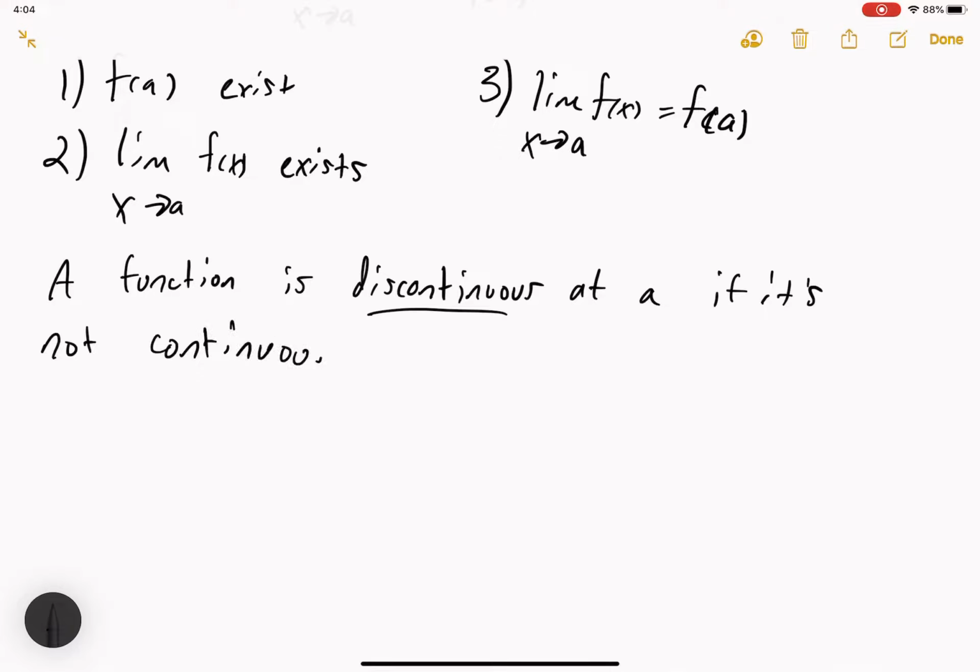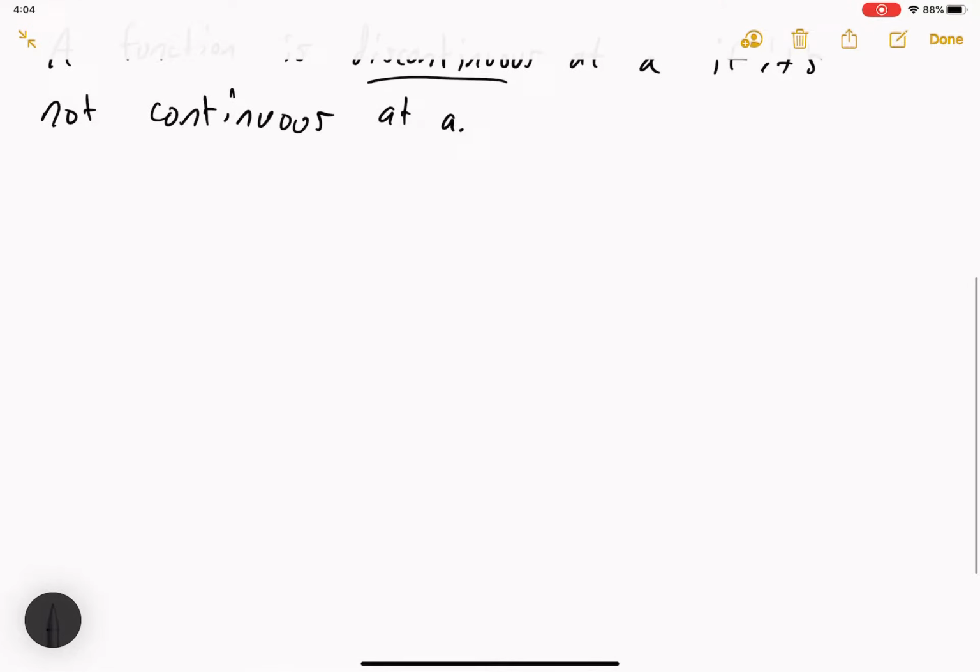Sorry, it's a lot to write out. It's very simply that a function is discontinuous if it's not continuous at that point. Let's have an example to see if a function is continuous.